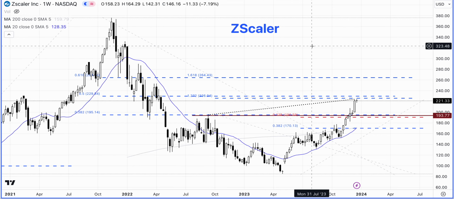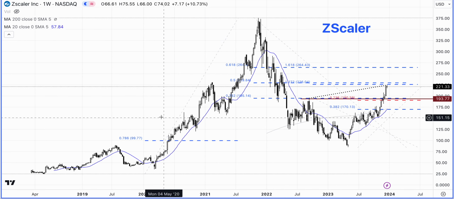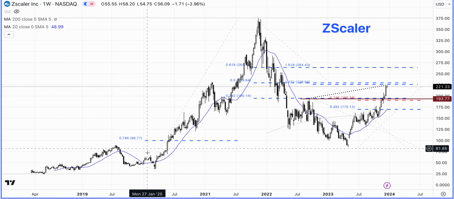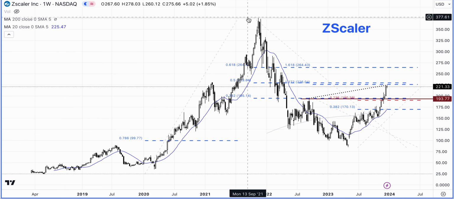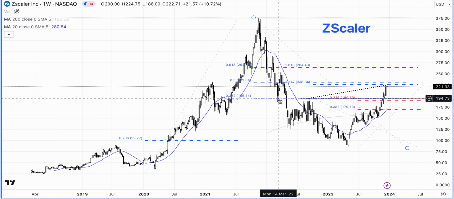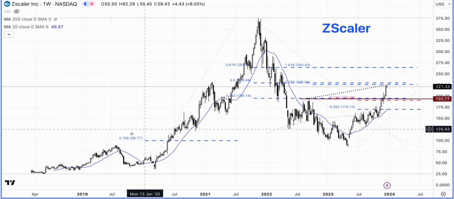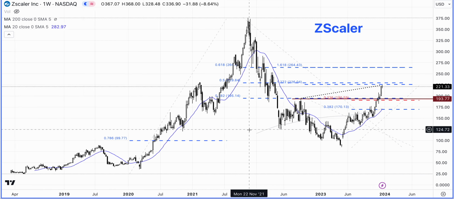Okay, so Zscaler. This stock had a fantastic run after hitting lows in March of 2020. From being about $35, it ran up to $375. So an amazing run. And maybe you can see five waves there for people who follow Elliott wave.